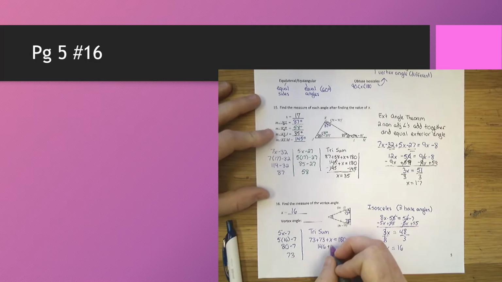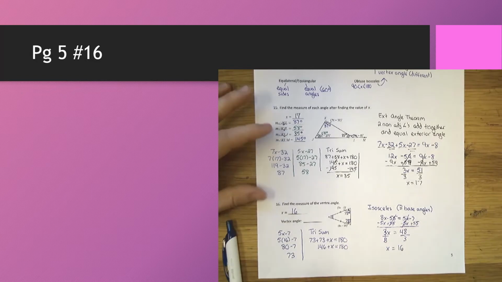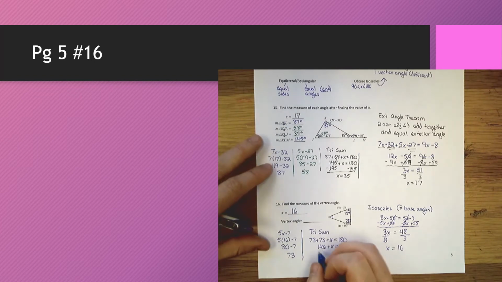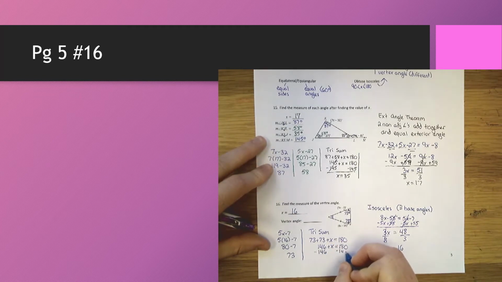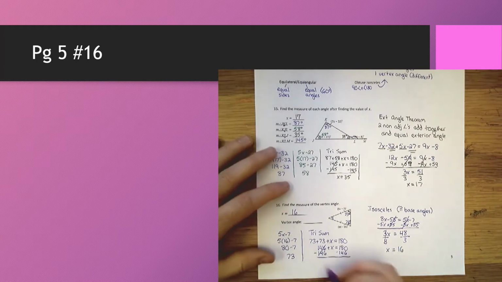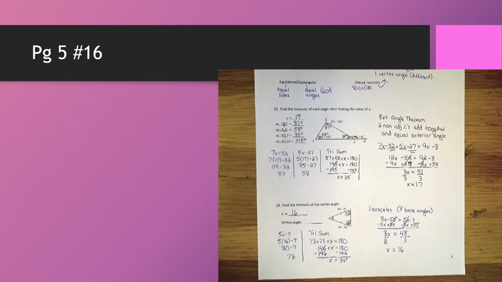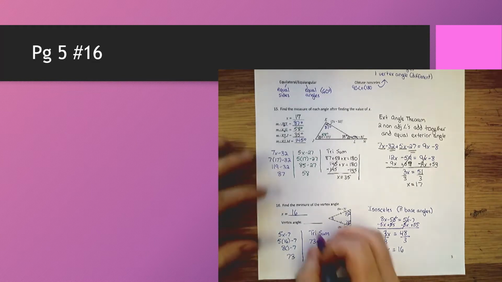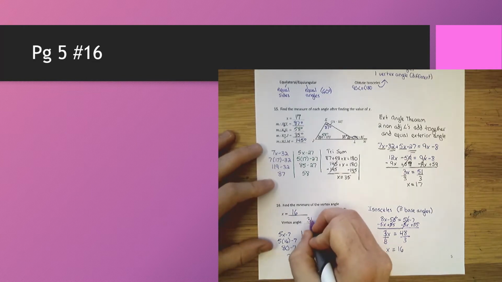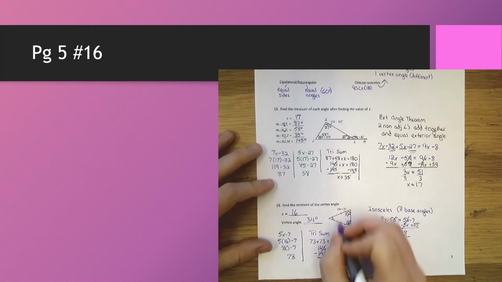So I just added my like terms. Now I want to subtract 146 from both sides because I'm trying to get x by itself. And now you have x equals 34 degrees. So our vertex angle is 34 degrees.